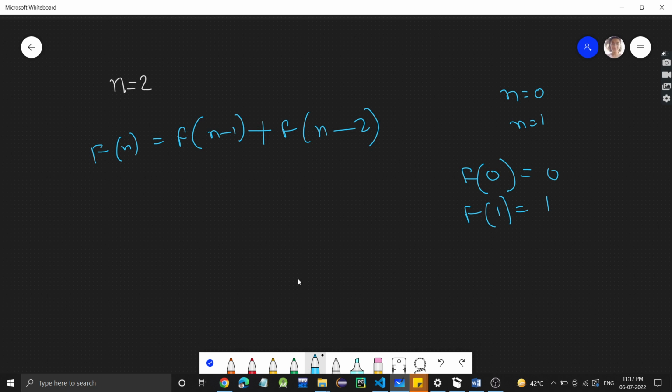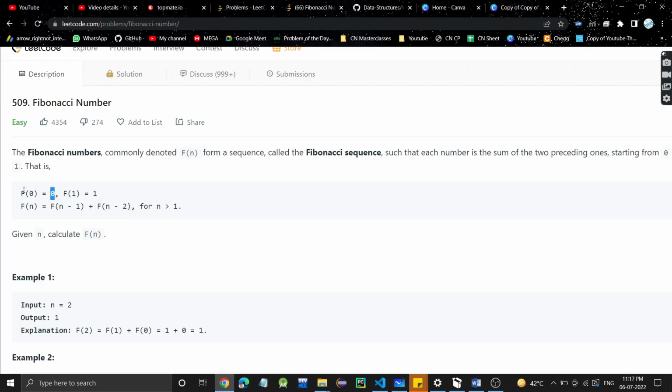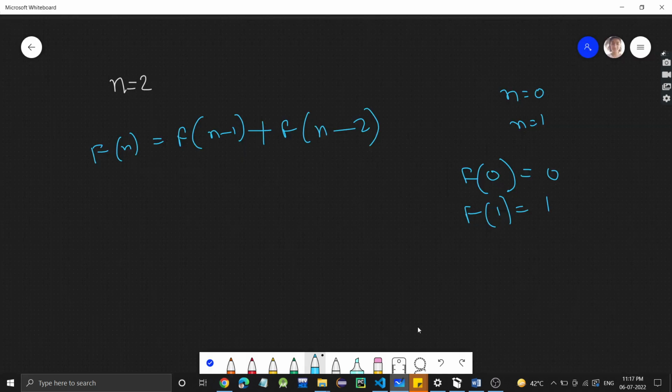So these two values are given in the problem only. That is the starting of the sequence, right? Fibonacci sequence, starting two terms. Two terms is 0 and 1. Now let's say we have to find this term, like what will come after this. So this term will be sum of the previous two terms, 0 plus 1, which is 1. So here 1 will come.